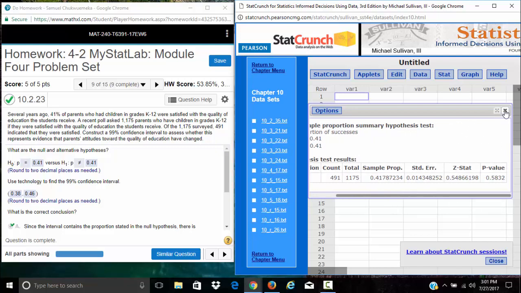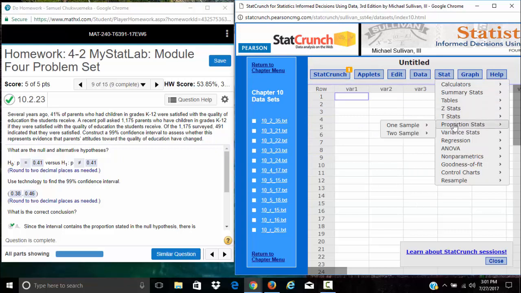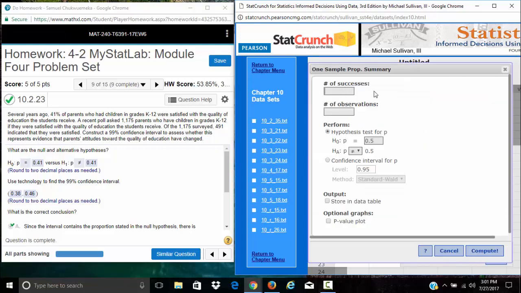So if you want to get confidence interval, actually, go to stat, proportion stats, one sample with summary. This is 491, this is 1175. Go to confidence interval instead. Confidence interval, and this is 99% will be 0.99.